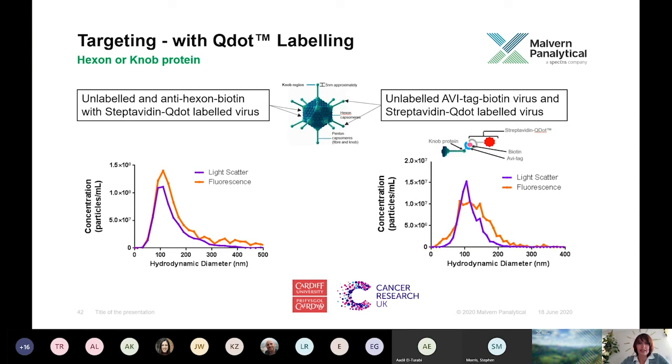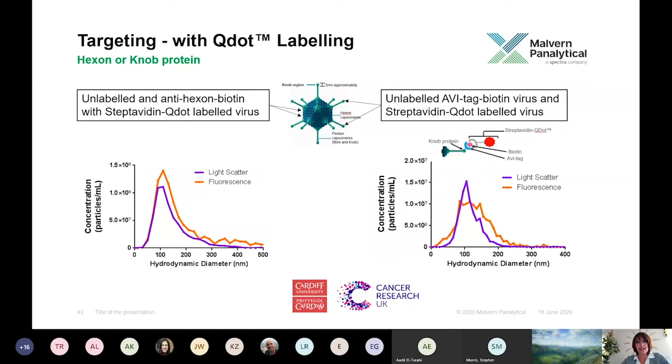Adenovirus also has 36 knobs, so that gives us in theory 36 potential binding sites. To target these regions with streptavidin-linked quantum dots, a biotinylating kit for AviTag was used. By use of an appropriate vector, AviTags were generated on the knob protein and next biotinylated.